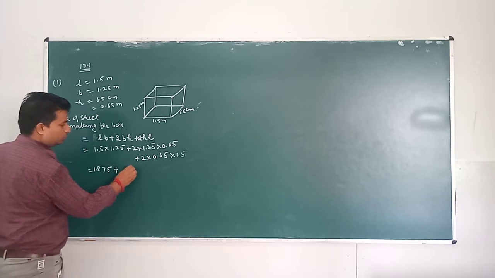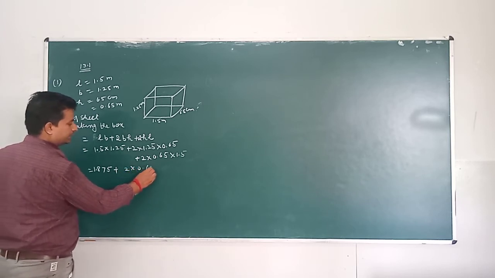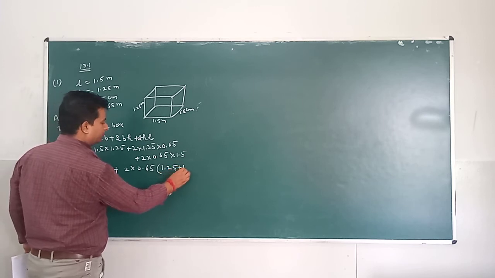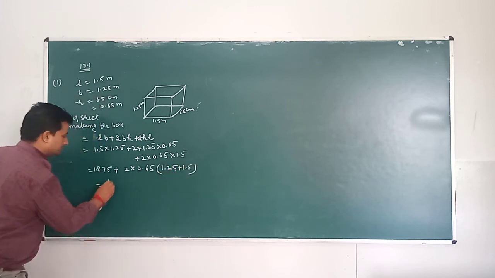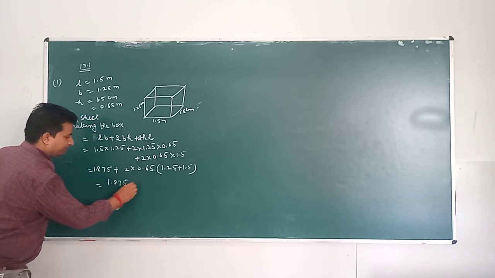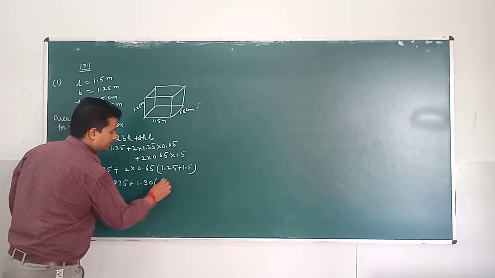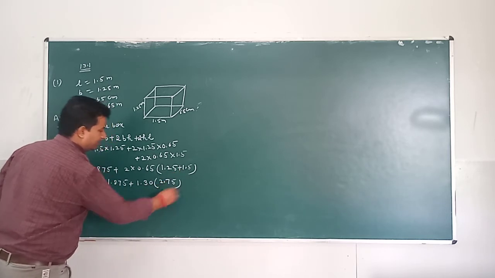Here we take 2 into 0.65 common. This is 1.25 plus 1.5, so this is 1.875 plus 1.30 and this is 2.75.